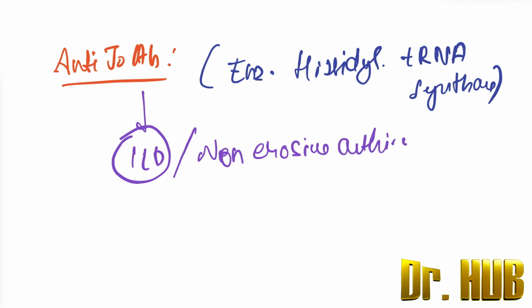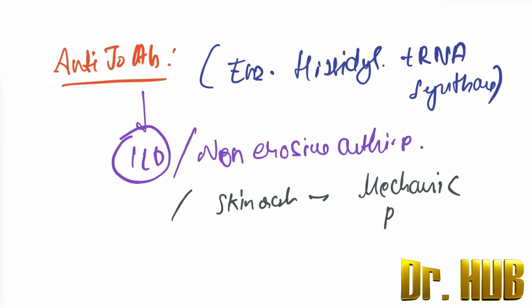So this is the anti-Jo-1. It is directed against the enzyme histidyl tRNA synthetase and is associated with interstitial lung disease, non-erosive arthritis, as well as the skin rash. The skin rash is described as mechanic's hands.